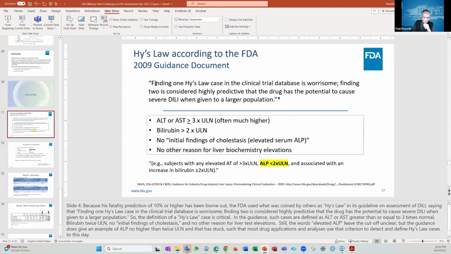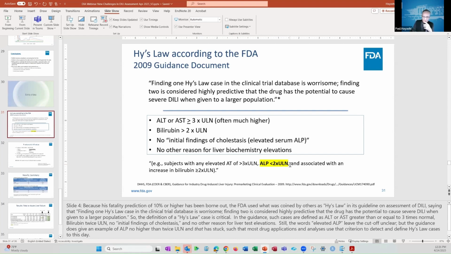This is straight from the current guidance. It's defined as no initial findings of cholestasis, elevated serum alk phos, and it gives an example of less than 2 times upper limit of normal. So if the alk phos were over that, then it wouldn't meet Hy's law, so to speak.